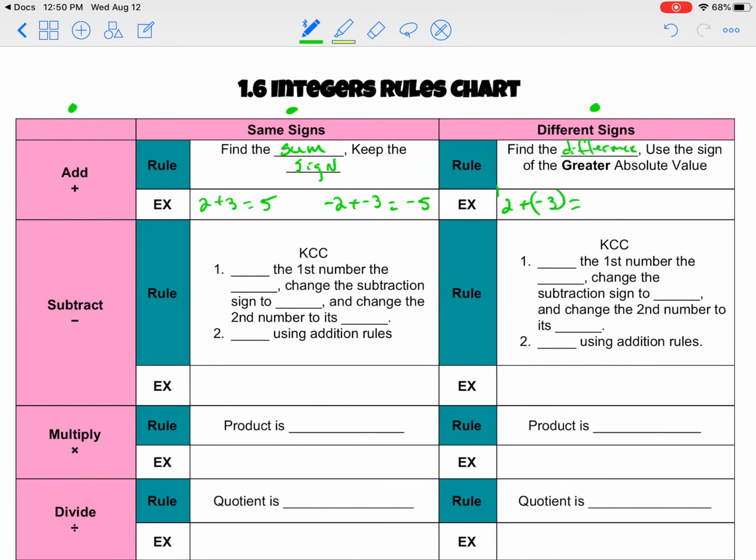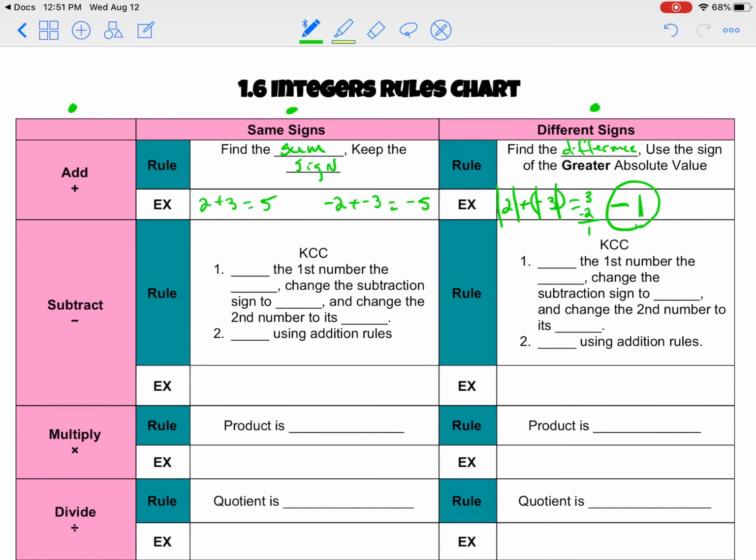First off, if I use absolute values, which one's bigger, the negative 3 or the 2? Absolute value wise, the 3 is bigger, right? So that tells me my sign is a negative. Find the difference of the absolute values. That means subtract them. And then 3 minus 2 is 1. And that's your answer. The answer to that problem is negative 1.